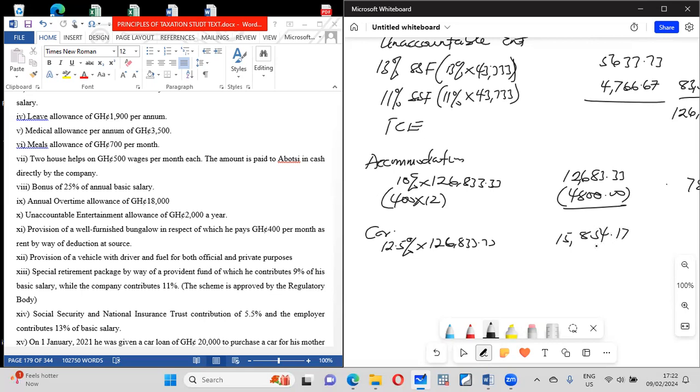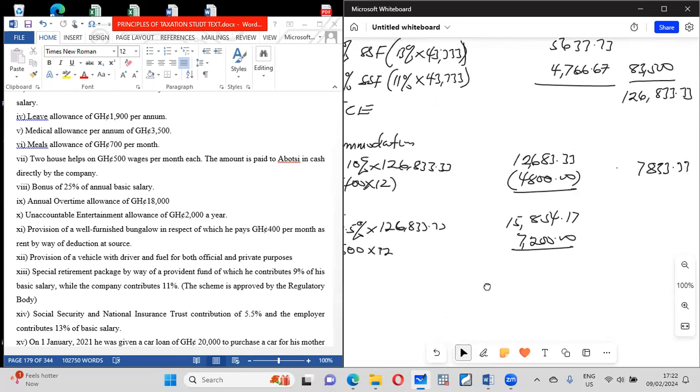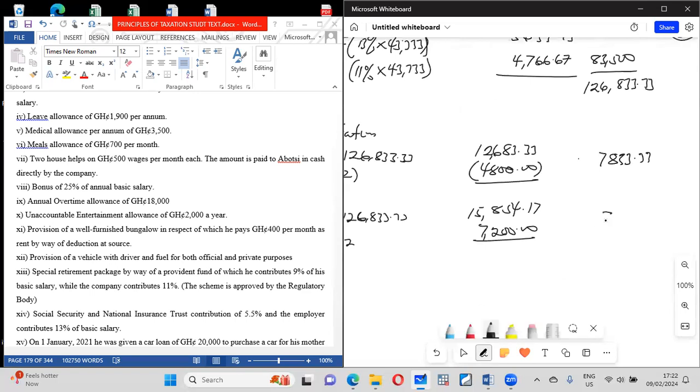But we know that these things are limited. This is the full thing. So it's limited by 600 cedis by 12. 600 cedis by 12 is 7,200. Which means that I have to choose the lower. So the one that will come here is 7,200. All right. So that is that.